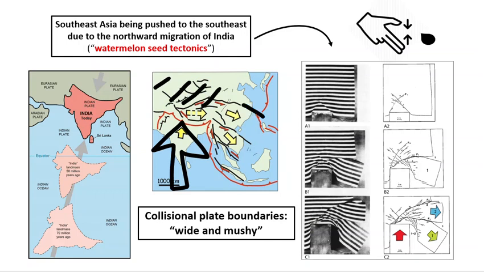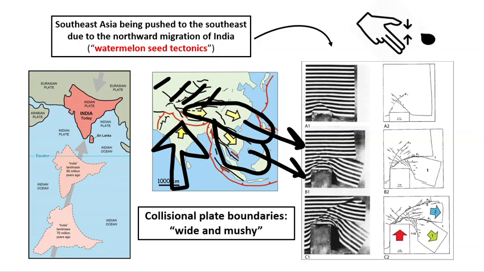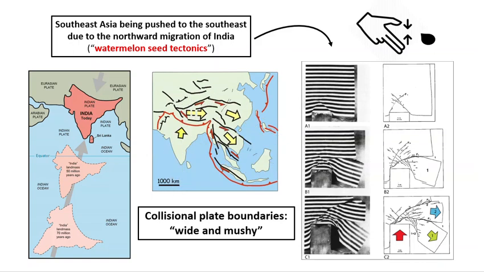And as a result, all of these blocks of material, these fault-bounded blocks, are having to get shoved out of the way to the southeast to accommodate the continued northward march of India. So that's just another example of how complex collision zones can be. Mountain building processes and faulting and folding and all of that are not just confined to the actual plate boundary. They occur within this wide mush zone, even hundreds of kilometers inboard from the plate boundary in this case.